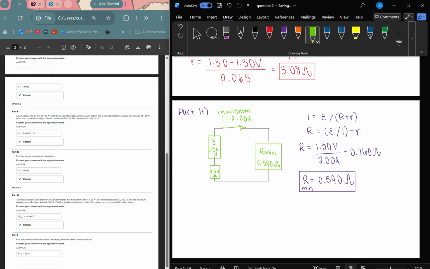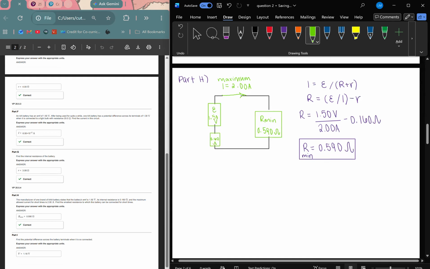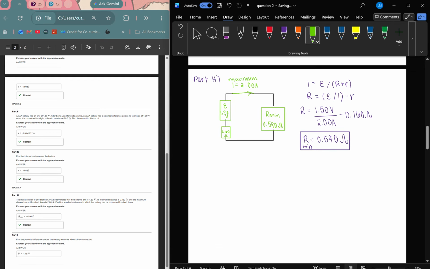So now we're finding the potential difference across the battery terminals. We did this previously in one of the parts, I believe.